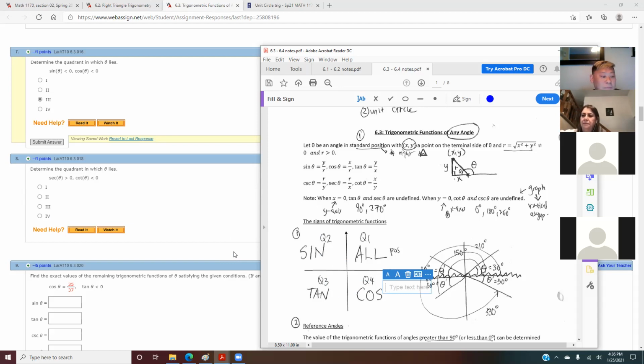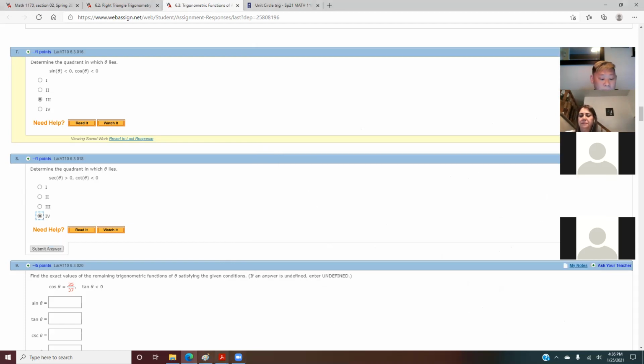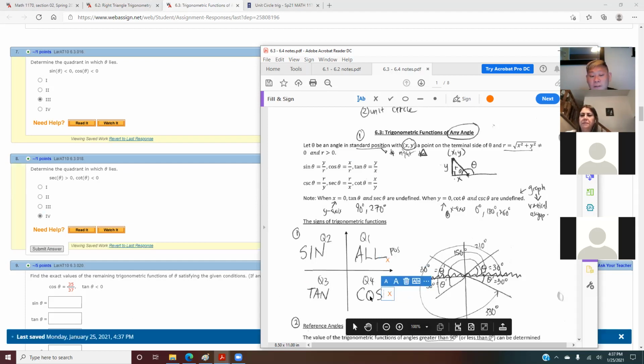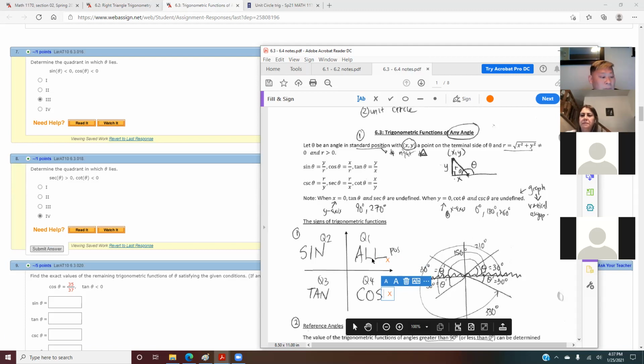Anyone knows? 4. Agree? Anyone? In order for us to do this, we can look at the quadrants. Secant is positive means either quadrant 1 or quadrant 4, because secant and cosine are reciprocals.